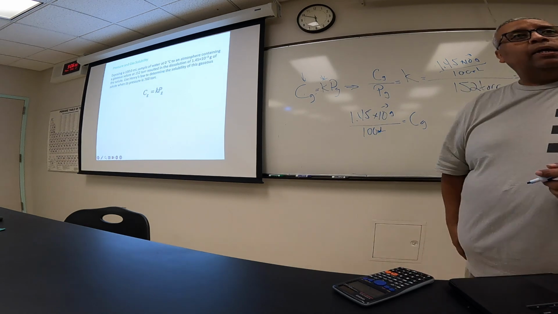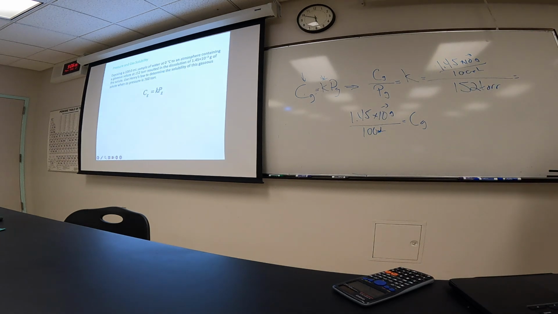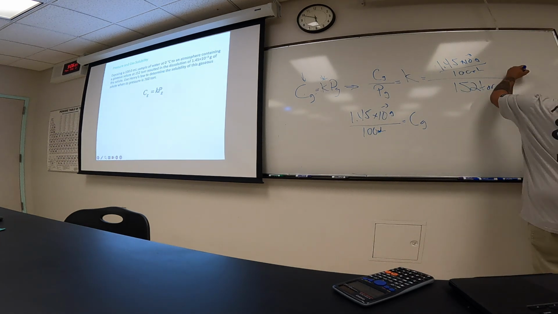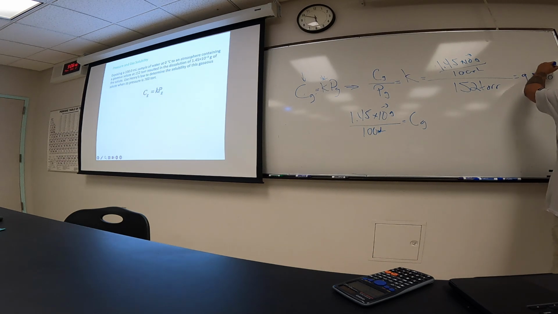Yeah, I'm not getting that. Yes, that's what I'm getting, negative 8. Yes, so I'm getting 9.5 times 10 to the minus 8 grams per milliliter per torr. So grams per milliliter.